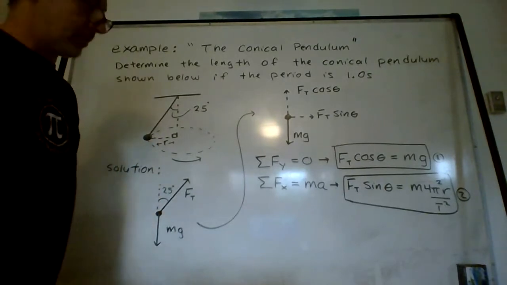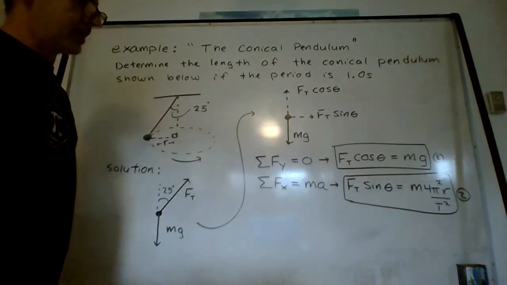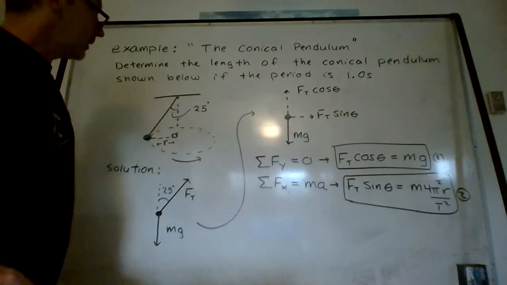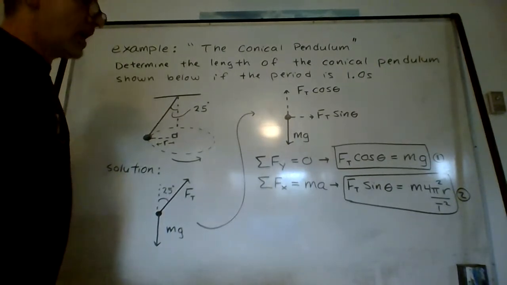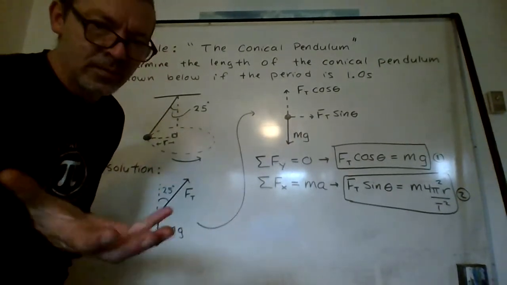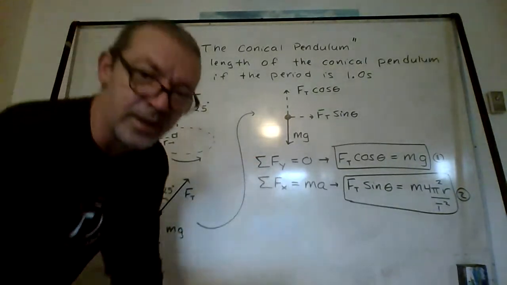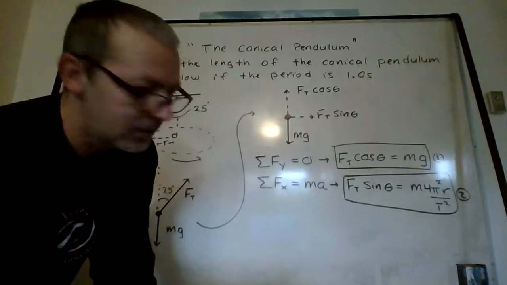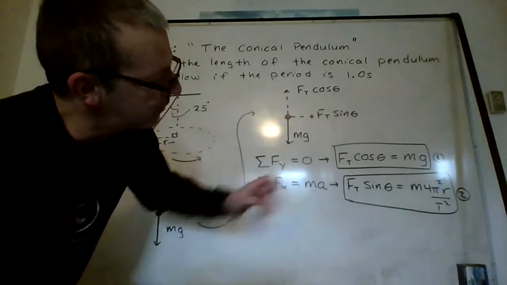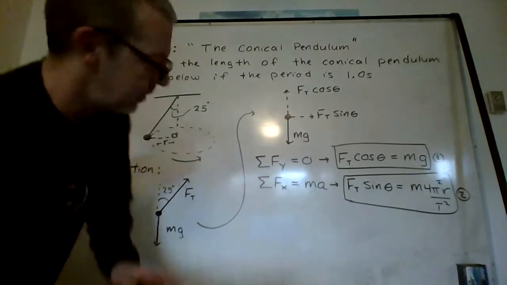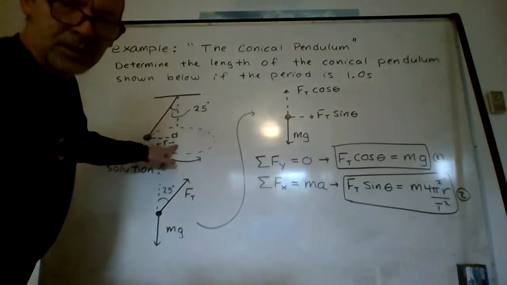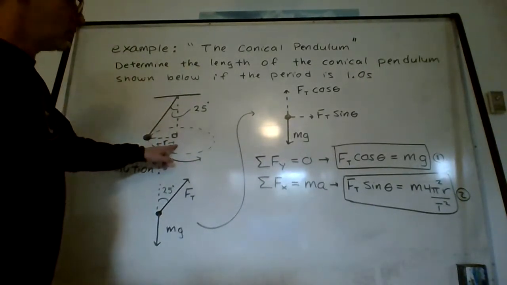And that's where I'm going to go next, is now we'll do a bit of math, and we'll find the length. L, the length of the pendulum, isn't even in the problem right now, but that's going to come a little later on. I will be able to find the radius of the path of this pendulum. And then with a little bit of trigonometry, we will get the length.